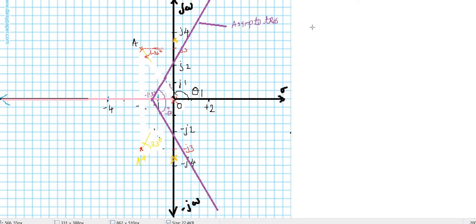So in order to find the value of k corresponding to j omega or the imaginary axis, because that value of k is the limiting value, above that value of k the system will get unstable.